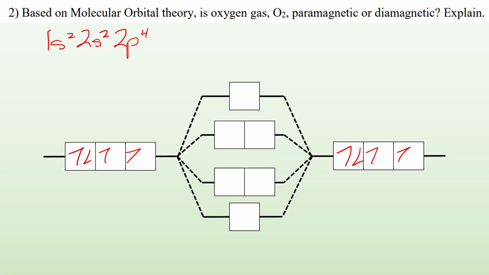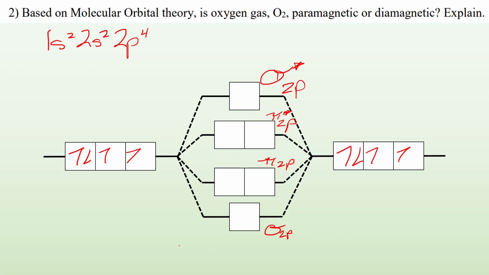So we have a total of 8 valence electrons to place into these molecular orbitals. So we got the sigma 2p, the pi 2p molecular orbitals, the anti-pi 2p molecular orbitals, as well as the anti-sigma 2p.